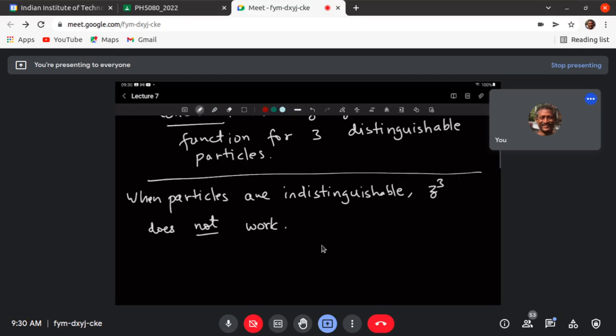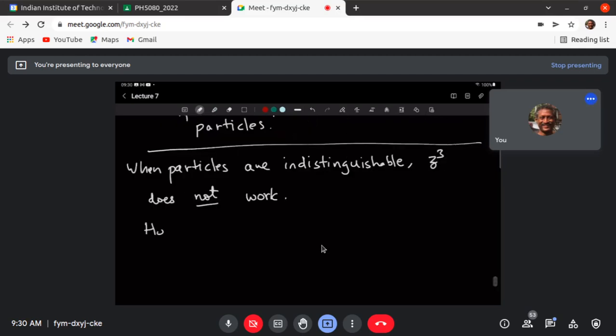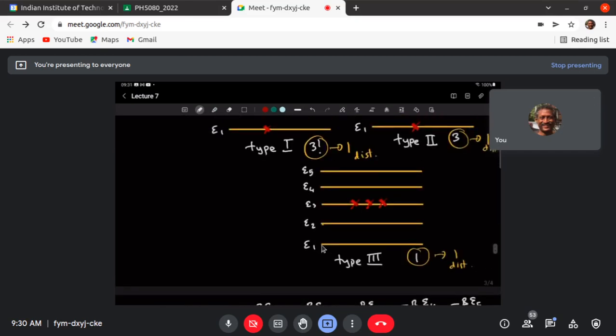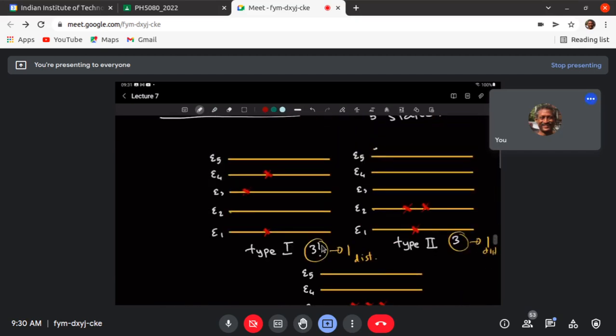Could you please repeat this? When particles are indistinguishable, z cubed doesn't work. Let's look at type 1, which is the best situation. How did we get 3 factorial? We said particle 1 is here, particle 2 is here, particle 3 is here, and all permutations. But when the particles are indistinguishable, you can't name them like you name your cat or dog.